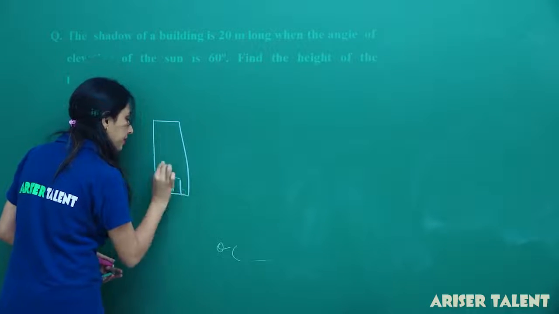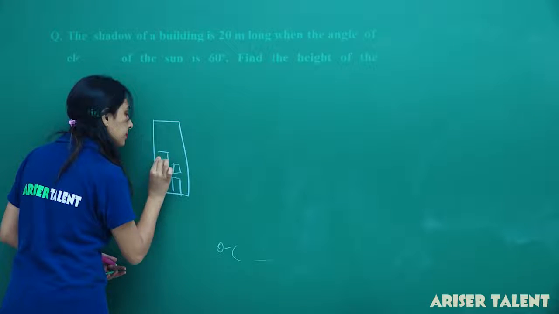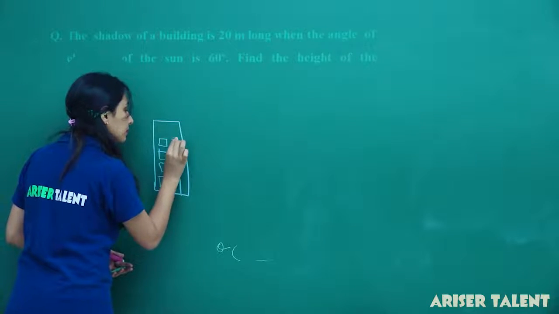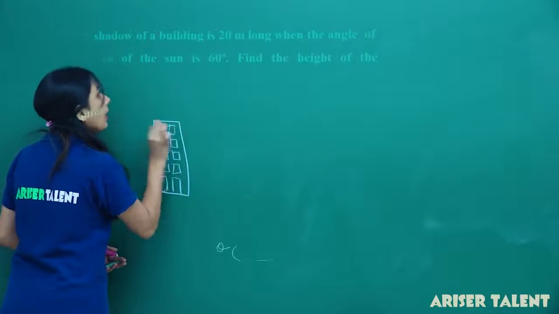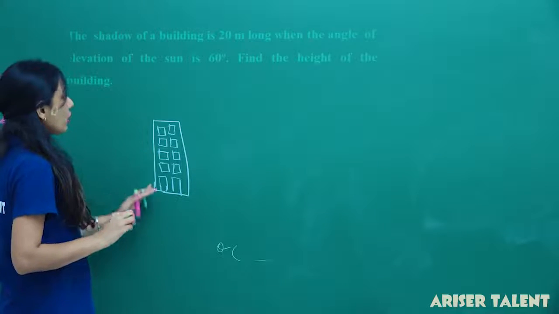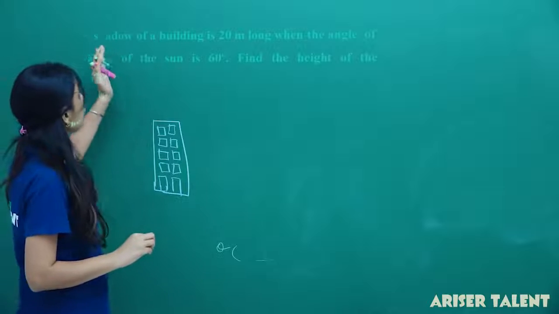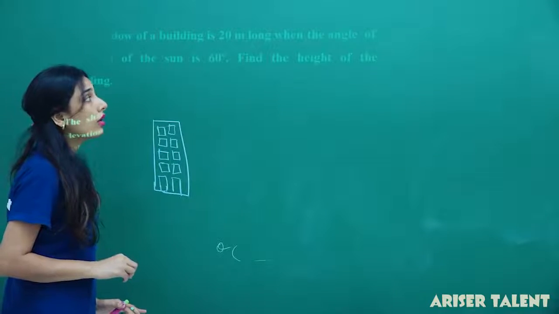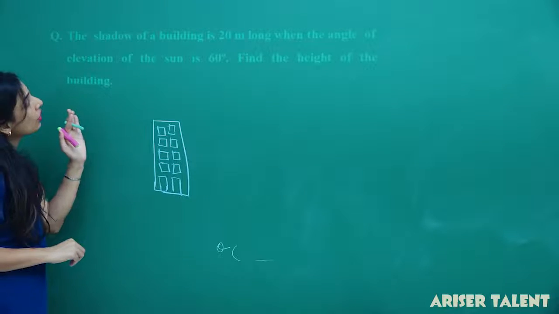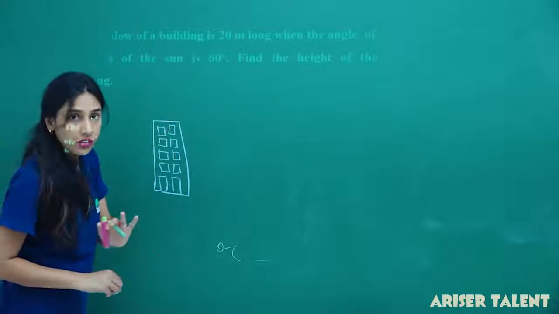Okay. And we are having some floors on it. Right. Now, it's not talking about the height of this building, but saying that the shadow of a building is 20 meter long when the angle of elevation of the sun is 60 degree.